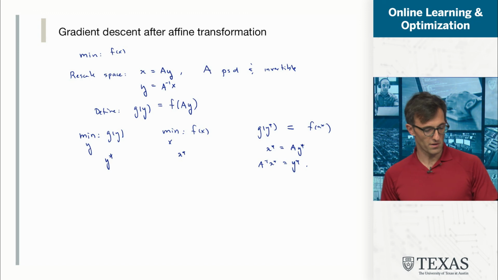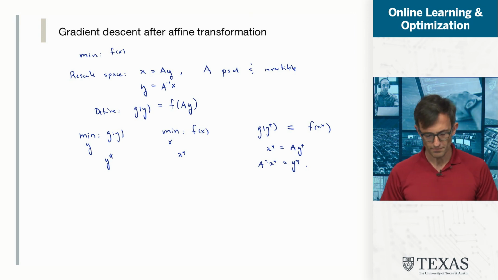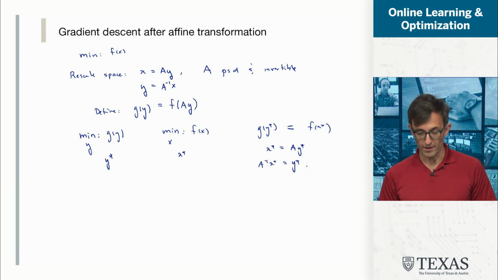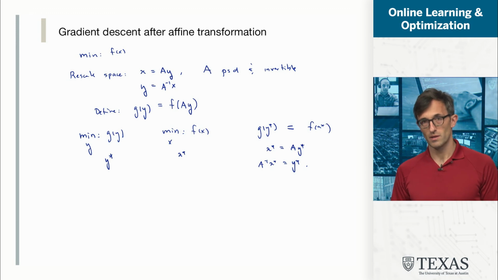And so these are very, very similar. So it's natural to ask the algorithmic question. Knowing that these problems are equivalent in this sense, they're both convex. This is something that you should check. So since I have two convex problems, and since solving one gets me the solution of the other, are there advantages to solving f instead of g, or advantages to solving g instead of f when I'm using gradient descent?